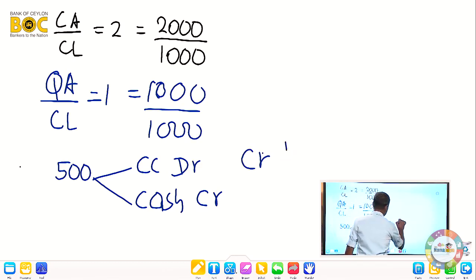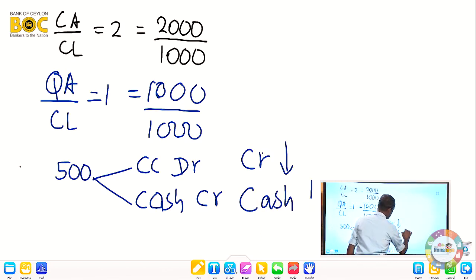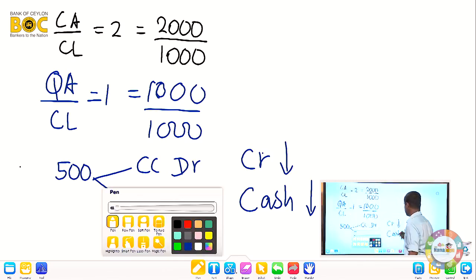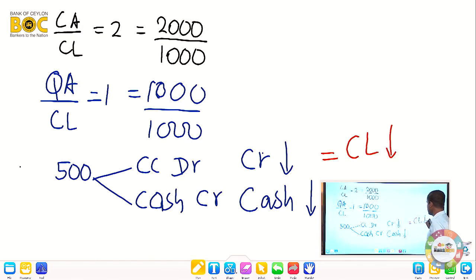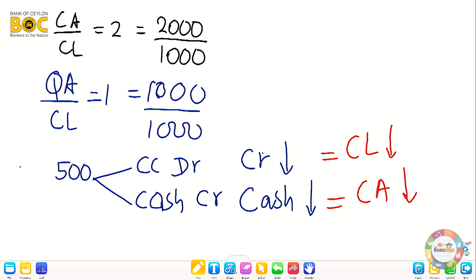Creditors decrease means current liabilities decrease. Cash decrease means current assets decrease.